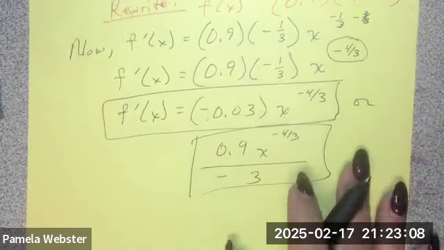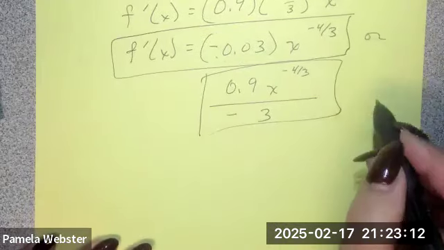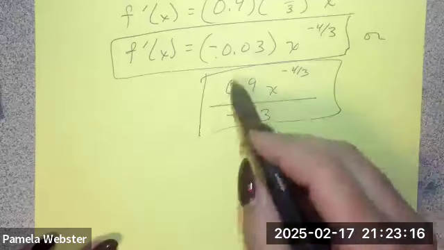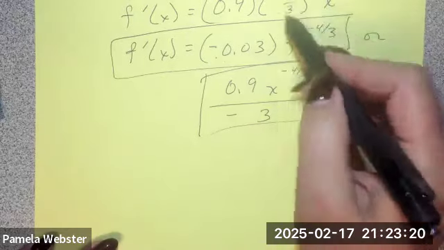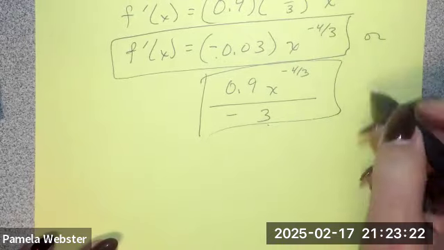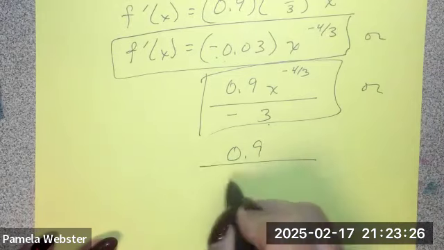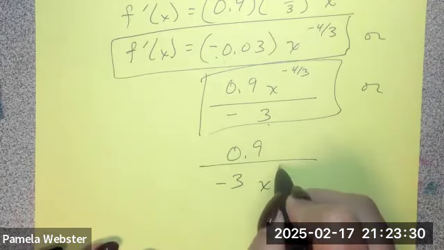However, I have noticed as I teach derivatives that sometimes students want to do more simplifying. If you want to, you could make it like this, where the 3 goes, the 1/3 is on the bottom. Or there's one more way that you could simplify this, well, two more ways actually.